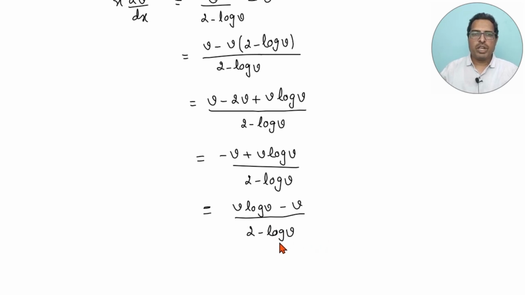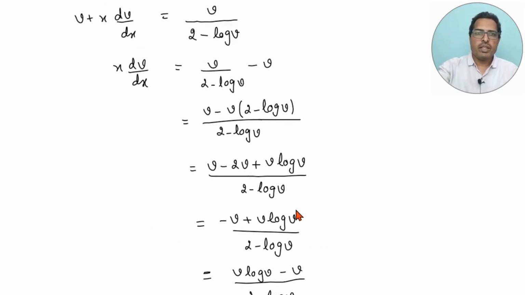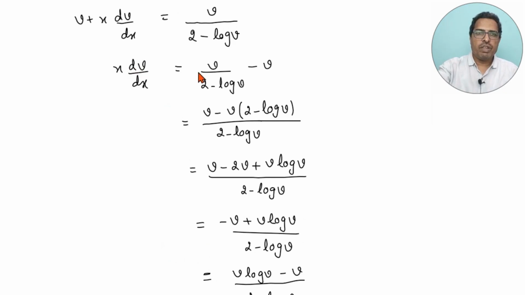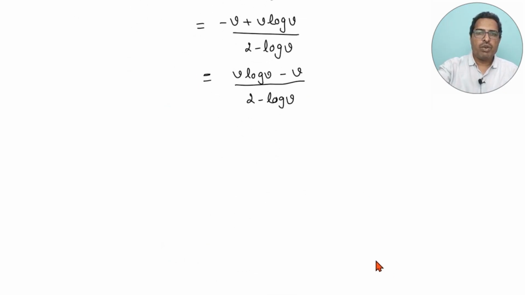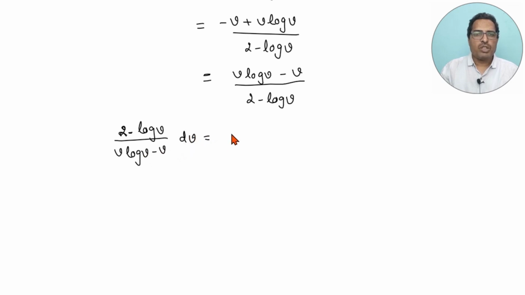Now let us try to separate the variables. We'll take this to the other side. So here I will retain this dv value and send the v value to the other side. So we have 2 minus log of v, whole divided by v log of v minus v, times dv is equal to, cross multiply the dx and x, it becomes dx by x.